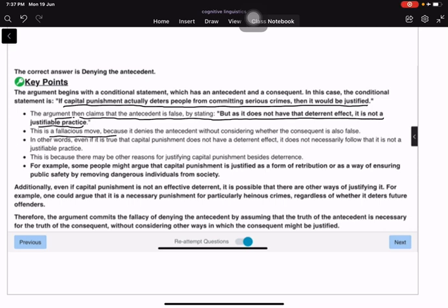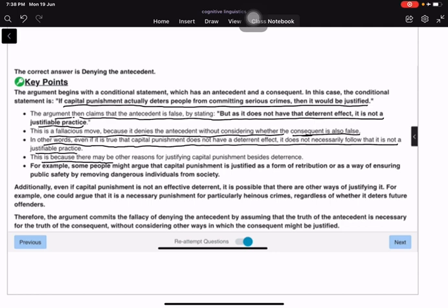This is a fallacious move because it denies the antecedent without considering whether the consequent is also false. In other words, even if it is true that capital punishment does not have a deterrent effect, it does not necessarily follow that it is not a justifiable practice. This is because there may be other reasons for justifying capital punishment besides deterrence.